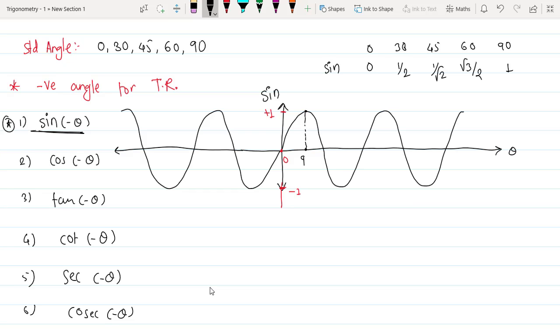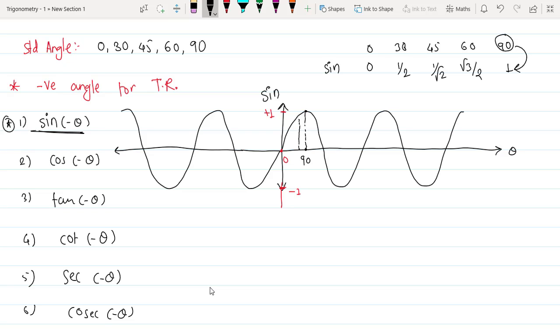This should be 90 degrees. So when theta is 90, my sine function is going to be 1.